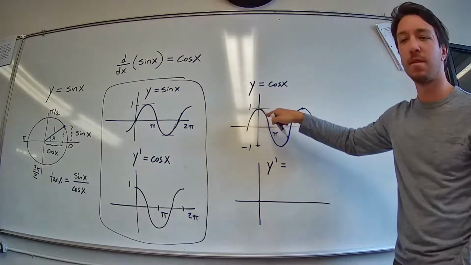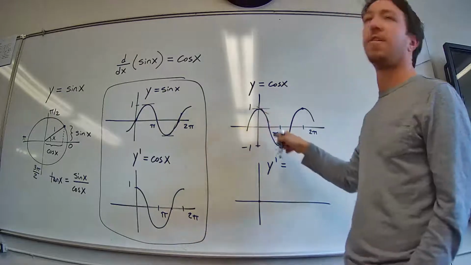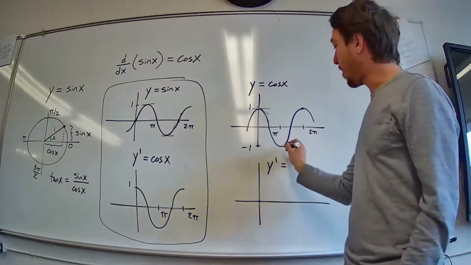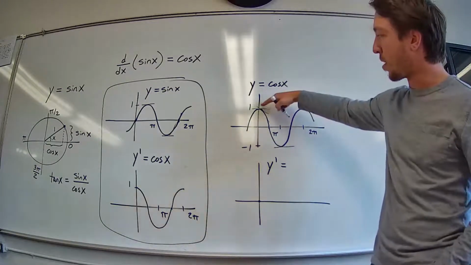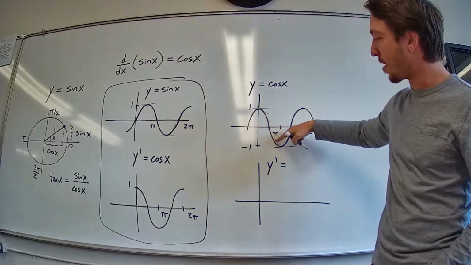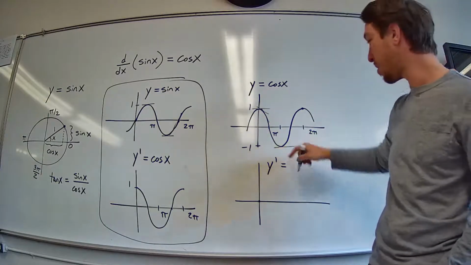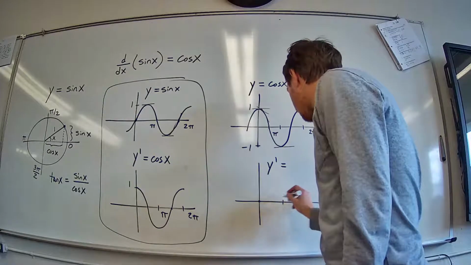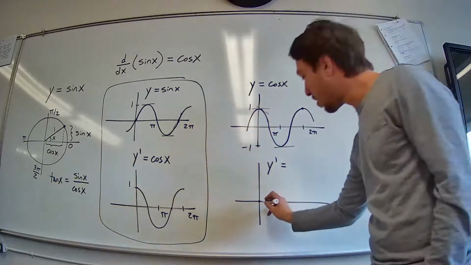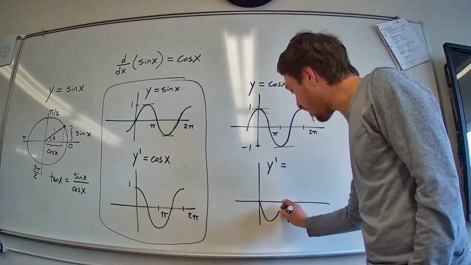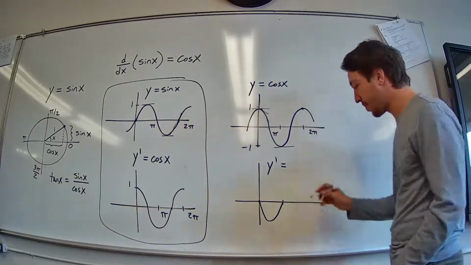What kind of slopes are those? They're negative slopes, negative, negative, negative, and they hit 0 again at pi.